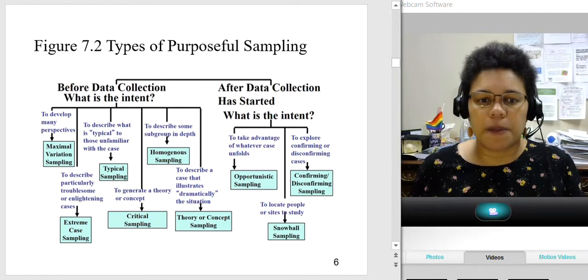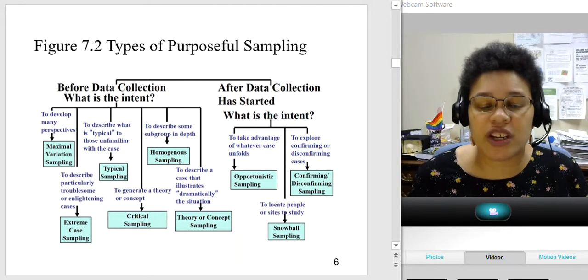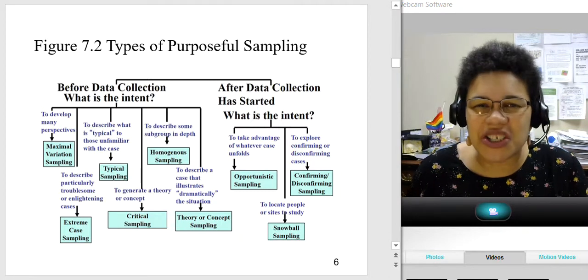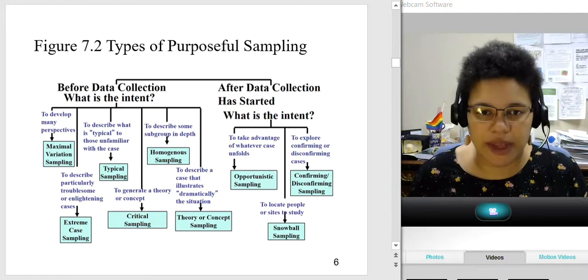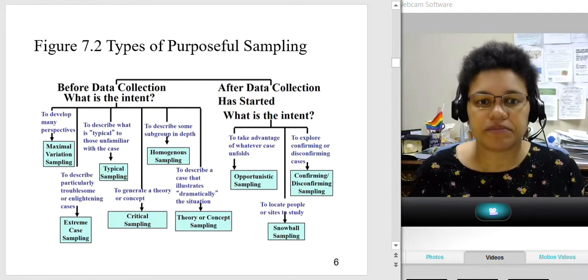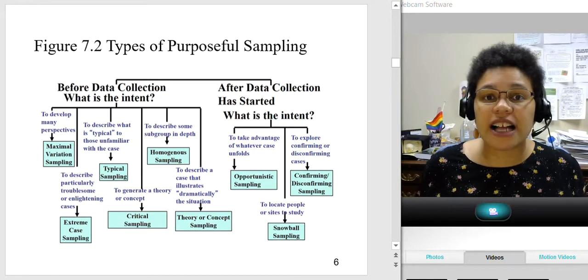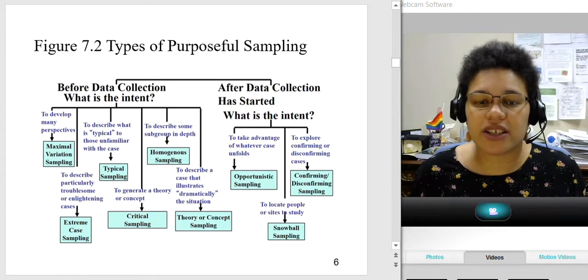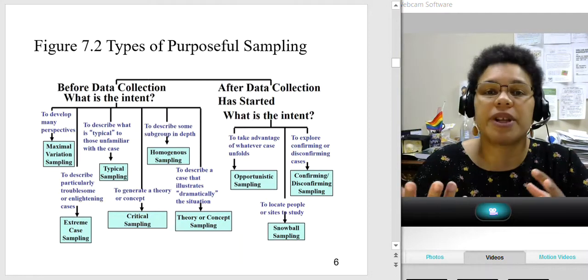And that would be extreme case sampling, where we're really trying to illustrate a problem by looking at an extreme case, for example. Sometimes we want to describe a typical setting. And then we would choose what we would determine is typical.